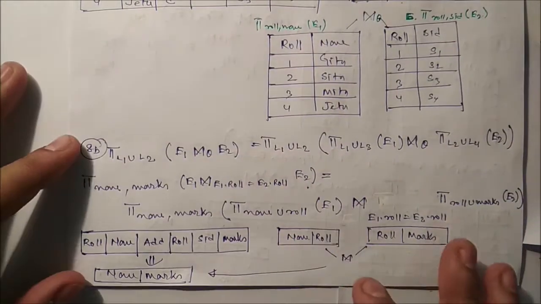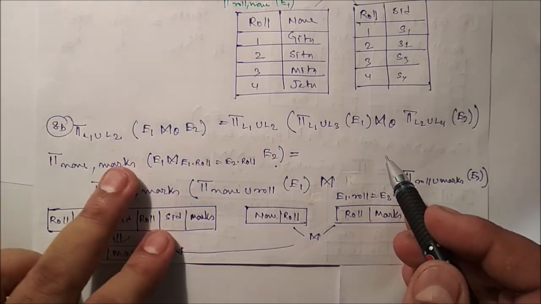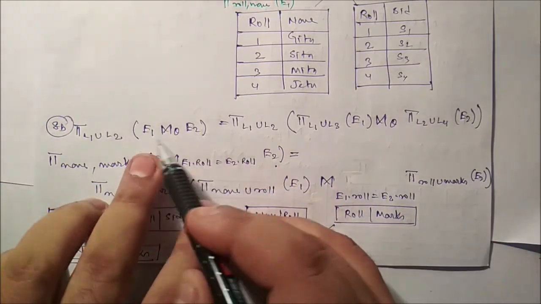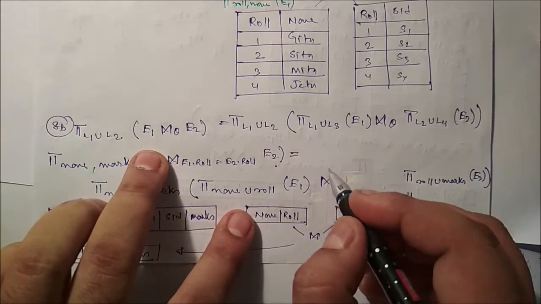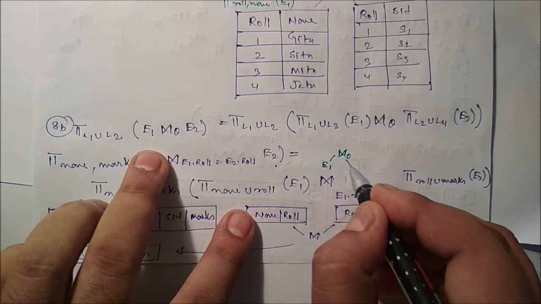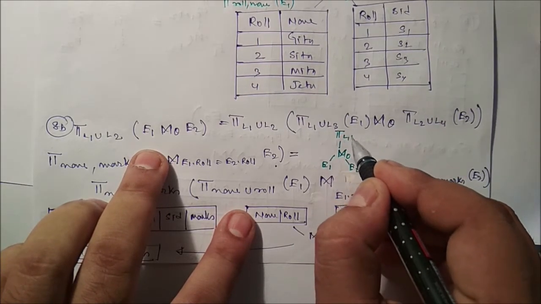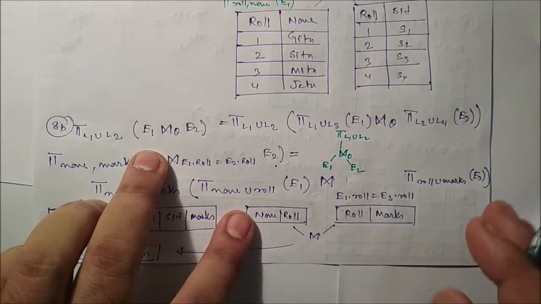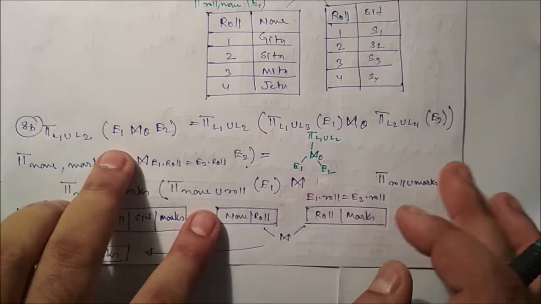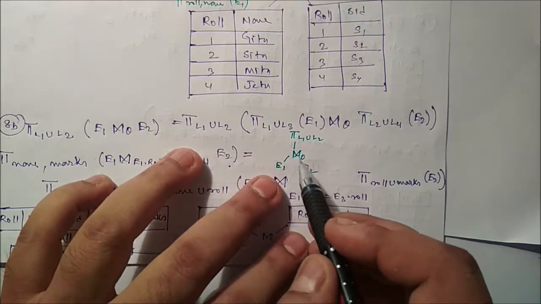Now we can see another example. See 8b here. First of all apply this theta join. That means here we apply theta join between E1 and E2, then apply the projection condition L1 union L2. Now what you can do, see here we join these two tables.